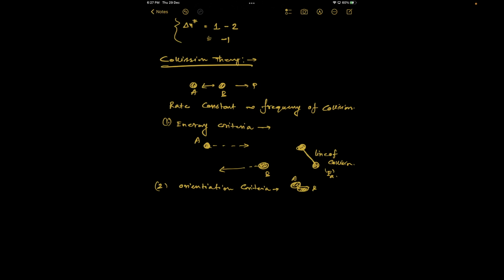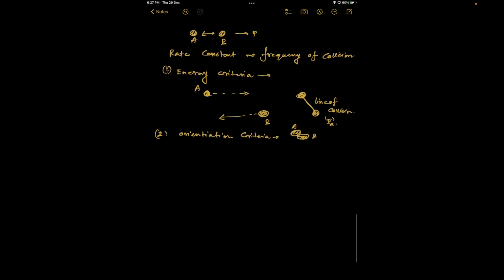So in 3D space, molecules have some conformation. Reactant molecules have to have some appropriate orientation or conformation to interact efficiently and form product molecules. That is the orientation criteria. So the orientation criteria says the reactant molecules have to come close together with a particular, proper, or appropriate orientation.